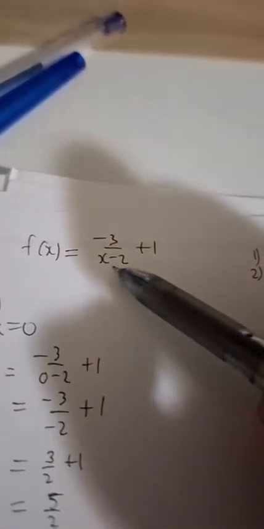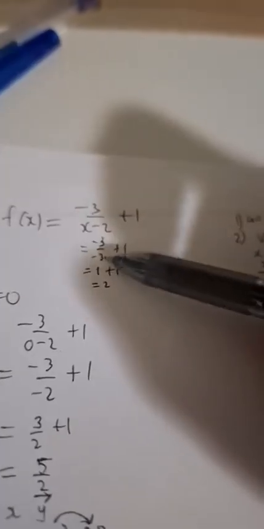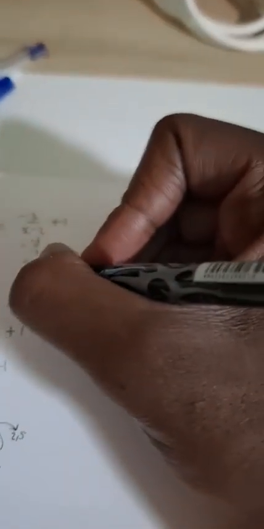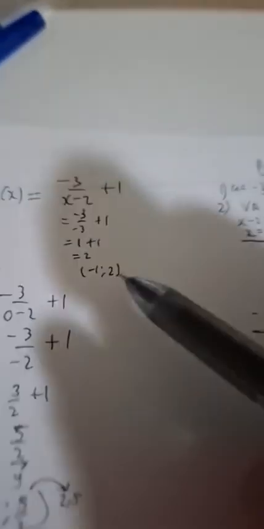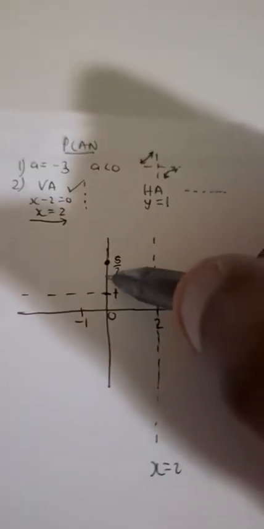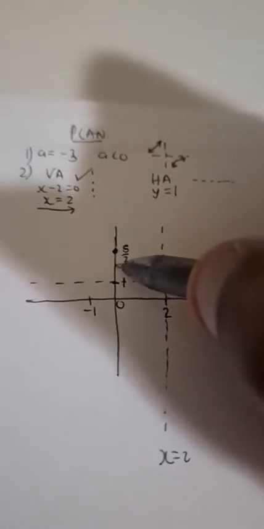We substitute that -1 in the place of x in our function. -1 minus 2 gives you -3. So we have -3 over -3 plus 1, which means this is +1 plus 1, which is equal to 2. You could just use the calculator to find the corresponding y value. So when x is -1, y is +2, which is slightly after 1, but before 5/2.